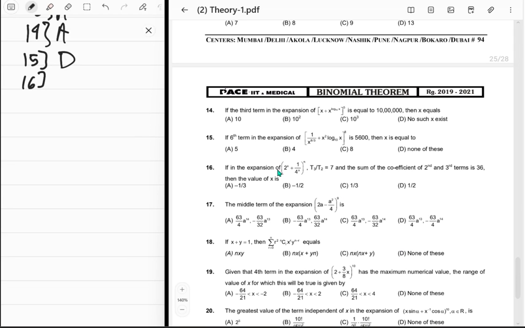Okay. If in the expansion of 2 power x plus 1 upon 4 power x to the power of n, t3 upon t2 is equal to 7, and the sum of the coefficients of the second and third term is 36, the value of x is. Wait.